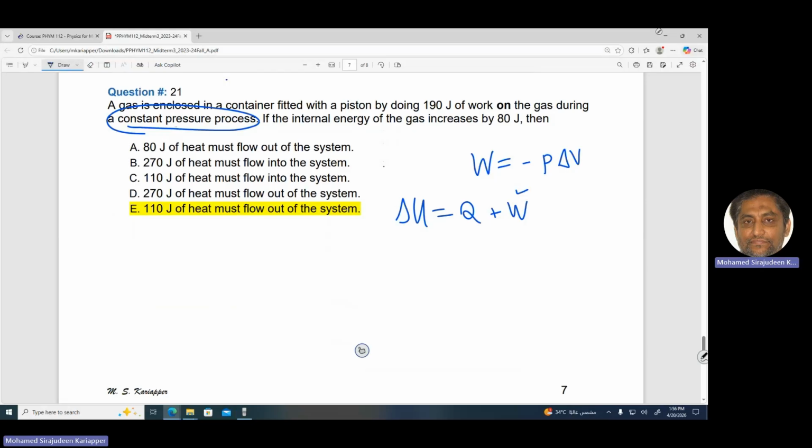It's given here. Work done on the gas, so it is positive. So I can substitute that. If the internal energy of the gas increases by 80 joule, delta U is equal to 80 joule.